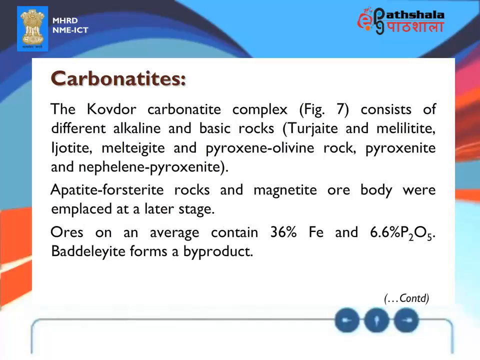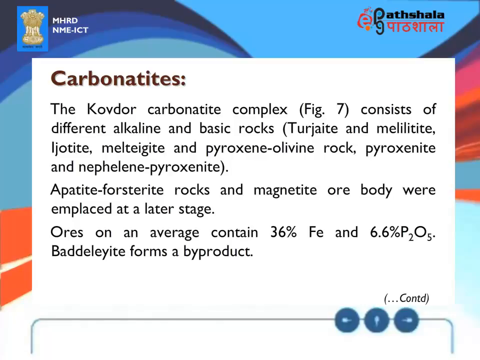The Kovdor carbonatite complex, as shown in figure 7, consists of different alkaline and basic rocks: turjaite and melilitolite, ijolite, melteigite, and pyroxene-olivine rock, and pyroxenite and nepheline pyroxenite. Apatite, forsterite rocks, and magnetite ore body were emplaced at a later stage. Ores on an average contain 36% iron and 6.6% phosphorus pentoxide.